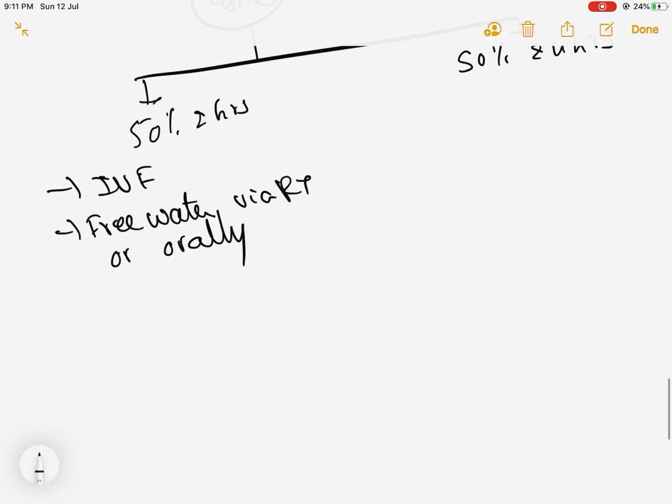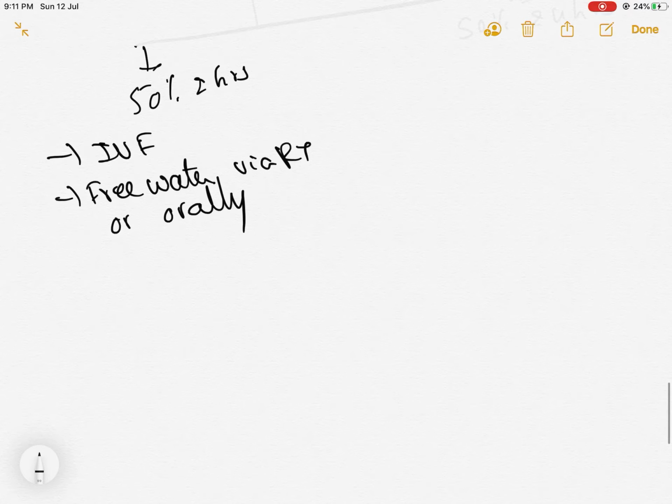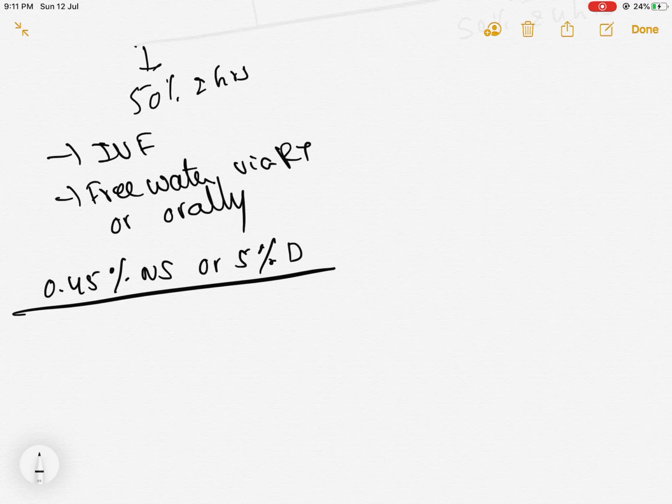Now what IV fluid we have to choose? Now if a patient has hypernatremia and if you give 0.9% normal saline, there is high chance that you will increase the sodium concentration again by giving the fluid after correction of the dehydration. So the fluid we use is half normal saline, that is 0.45% NS, or we use 5% dextrose. So both are hypotonic, so we use them.